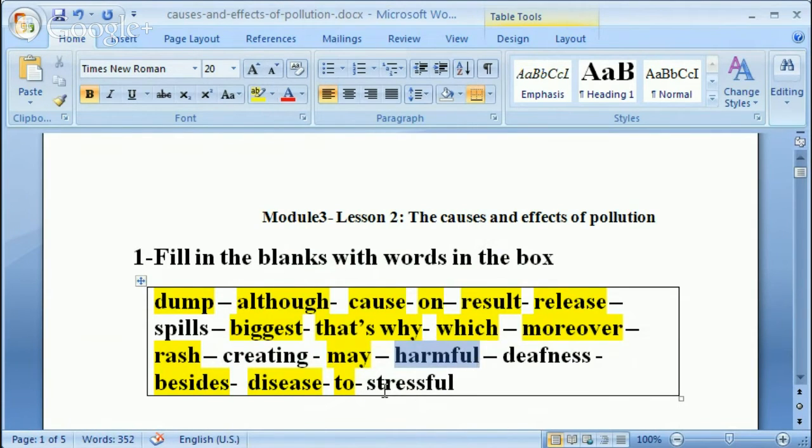Now we know harmful or stressful is going to be number 16. We can already determine that. So one or the other of those is going to be used in our final look at effects for noise pollution.